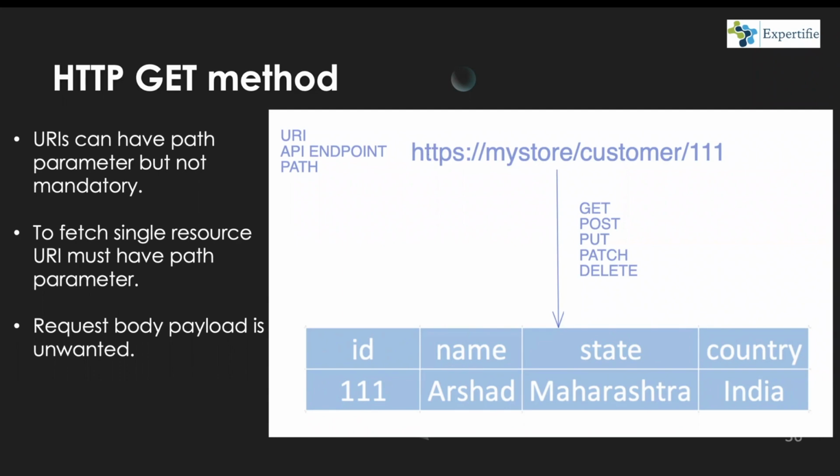We are not creating any resource in this method, so request bodies are unwanted. If you want to fetch a single resource, the path parameter is mandatory to point to that specific resource, and if you want to view multiple resources, then it is not required.